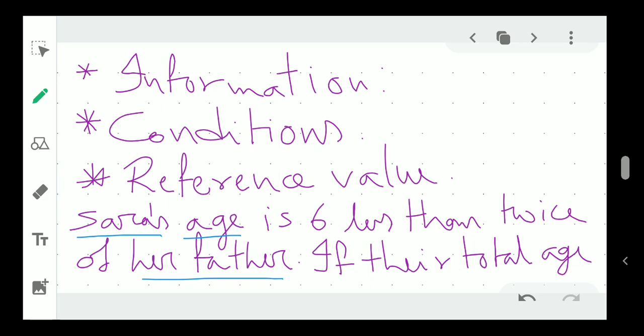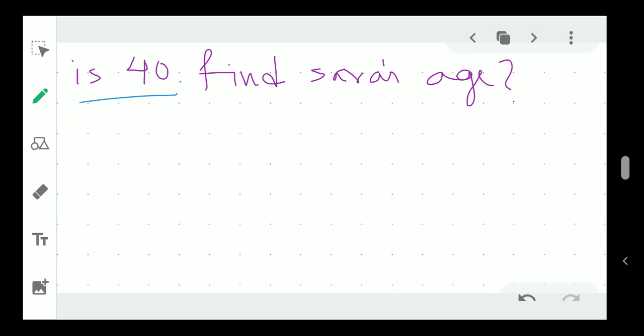This one. Sarah's age is 6 less than twice of her father. So this is the condition. Only one condition is there in this one. What is the reference value? If their total age is 40, this is called the reference value.